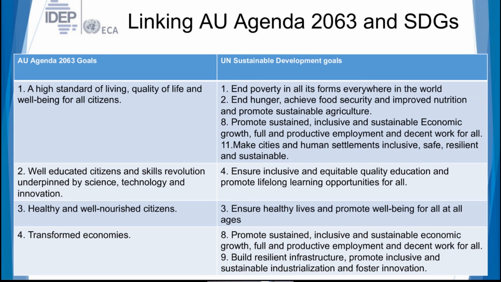For example, AU Agenda Goal 1 is about high standard of living, and you can find a relation with the goals of the SDGs related to ending poverty, ending hunger, promoting inclusive and sustainable economic growth, and others.